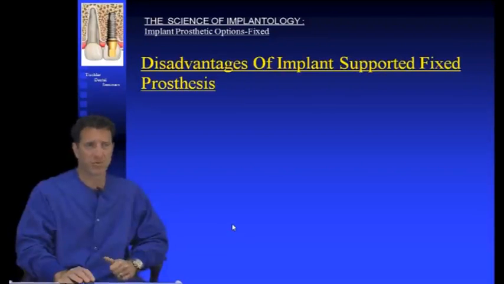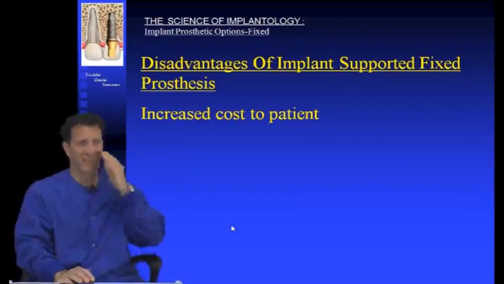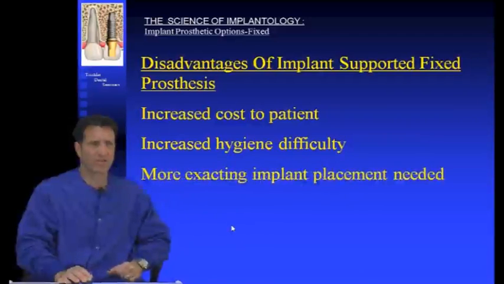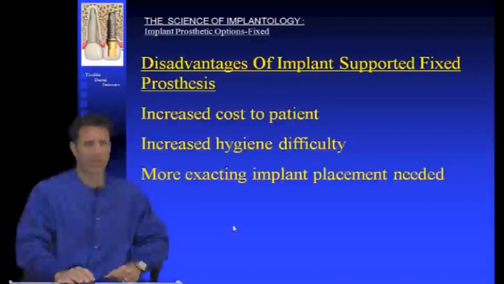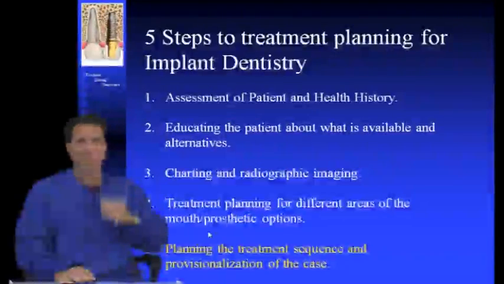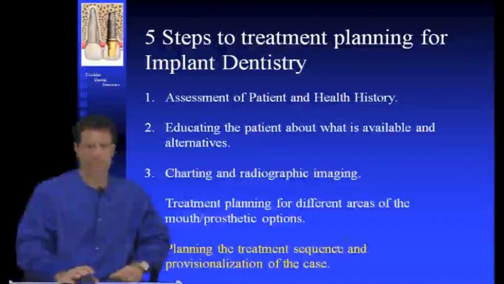Aesthetic planning is much more critical because you don't have a flange to build lip support. So those are the thoughts you may want to think about when you're treatment planning for different areas of the mouth. Now, when you're talking about the fifth step, planning the treatment sequence and visualization of the case, this is where we're putting it all together.